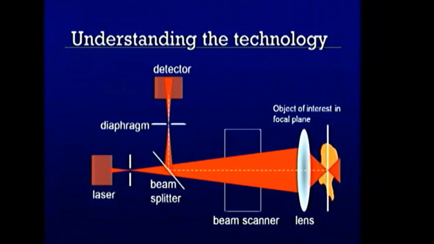Depending on the amount of light reaching the detector, an illuminance image is formed for a particular spot, and by scanning multiple spots individually, you can get an image of the entire 15 by 15 degree plane. Any light that is outside the object of interest gets blocked by this diaphragm and doesn't enter the detector.